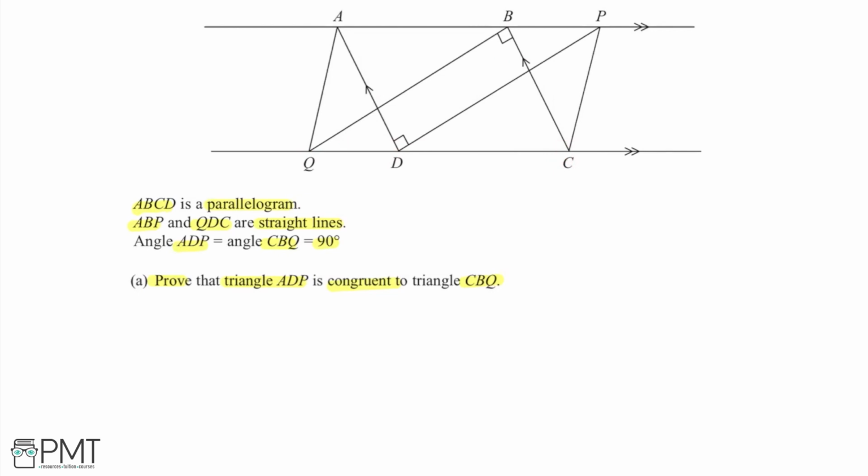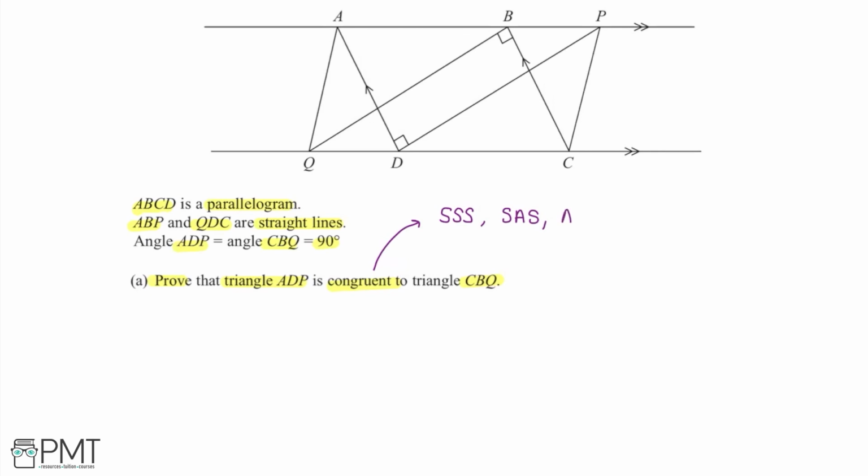Now, the word congruent here is obviously jumping out to me, and there are a few different ways that we can prove two triangles are congruent. So, proving that they're congruent, we need to prove that they're exactly the same. They have the 3 same sides and the 3 same angles. And we can do that by showing that the sides of one triangle correspond and are equal to the sides in the other triangle. So side, side, side. We could alternatively do side, angle, side, so showing that 2 sides in one correspond to the other, and then there's an equal angle in both triangles, which is in the same place.